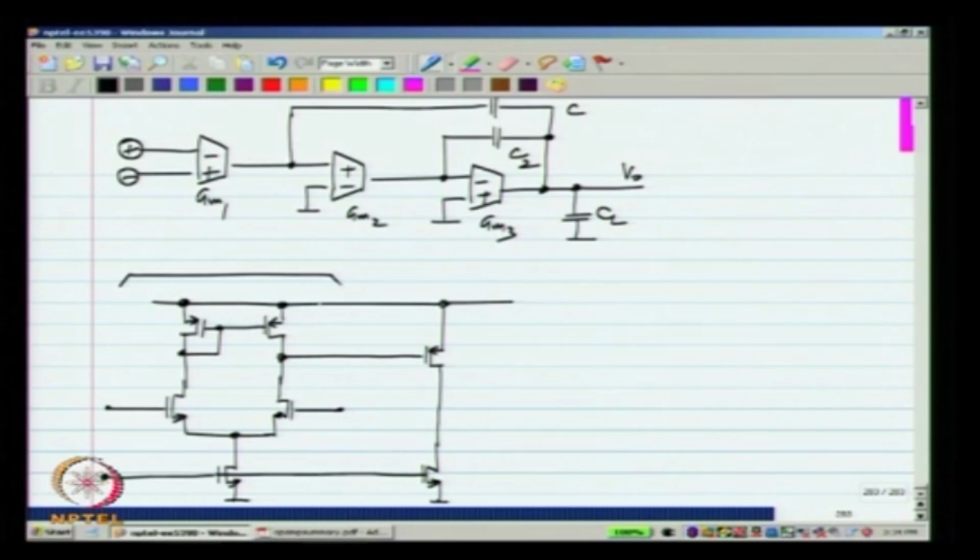So, this is GM1 and it is required to take the difference between two inputs and provide an output current, and GM2 is single ended in that one of its inputs is at ground, and for GM3 now we have the freedom to choose either an NMOS stage or a PMOS stage. Just for variety, let me make this an NMOS amplifier.